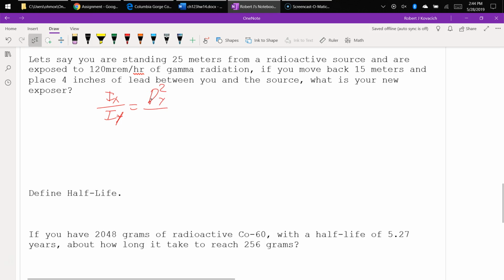Distance squared Y divided by distance squared X.